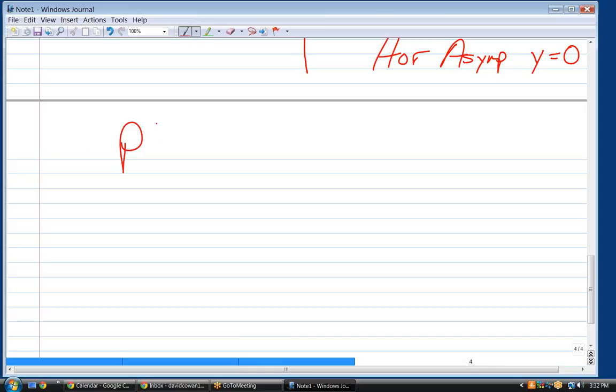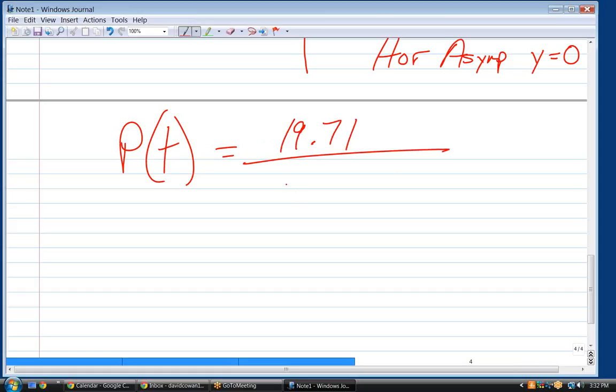So the population as a function of time, is this your problem here? Yeah. Oh, it's slightly different. Are the numbers slightly different?